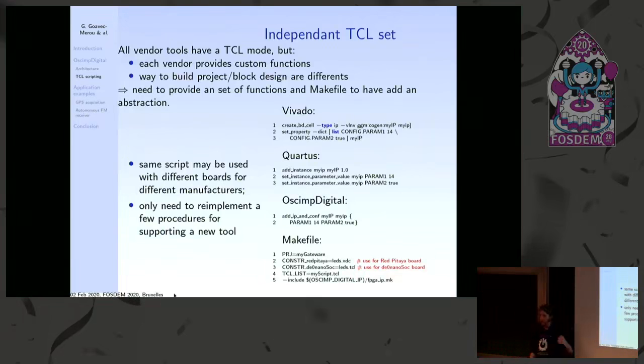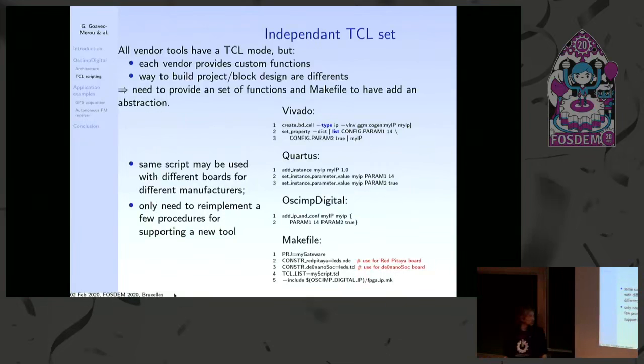But Vivado provides some functions, create_bd_cell, etc. It's a specific procedure for Vivado. It's the same thing for Quartus. And finally, Vivado needs one TCL file to generate everything, while Quartus needs two files.